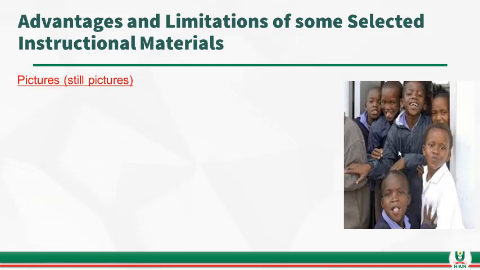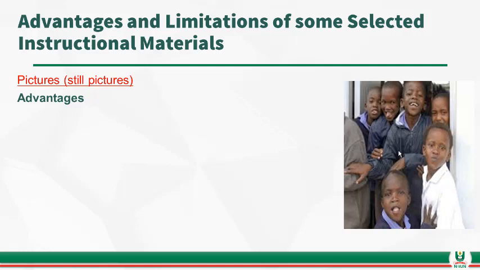Pictures are very common in our environment, and they are still pictures. They are the ones you are familiar with, in some sizes like passport, like 5x7, like so many that we have seen. They are very important to be used as instructional materials.